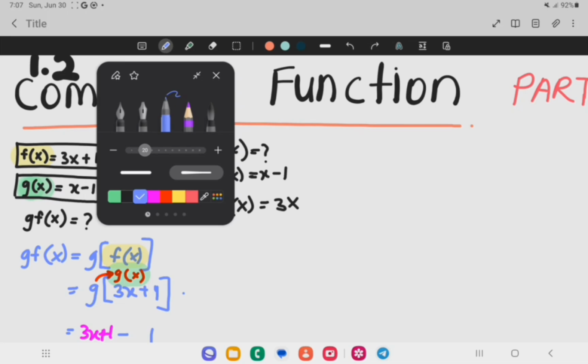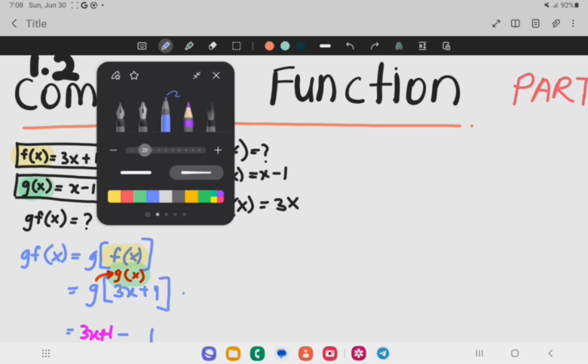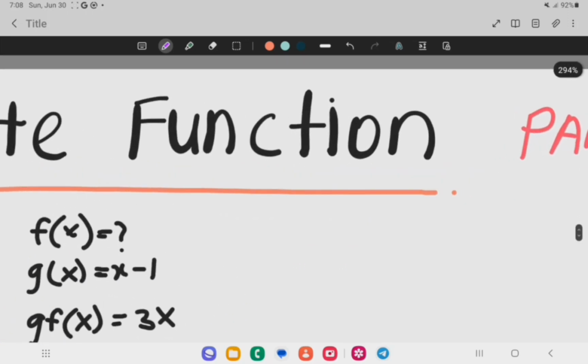How? The technique I'm going to teach you today is called the IO technique. So what is the IO technique? IO technique means inside and outside technique. Let me just write the technique's name over here: IO technique.